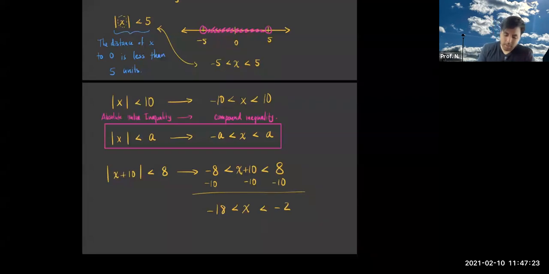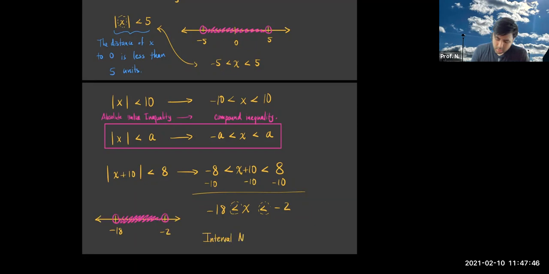The graph of this would be everything from negative 18 to negative 2. Because I have open circles here, the open circles will exist on the graph, and I'll shade everything in between. And then the interval notation would be negative 18 to negative 2.